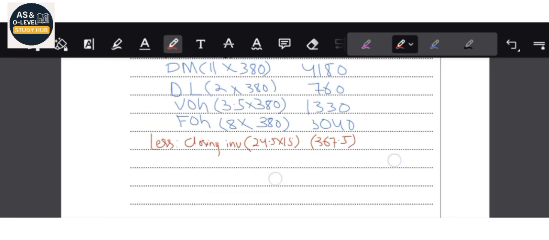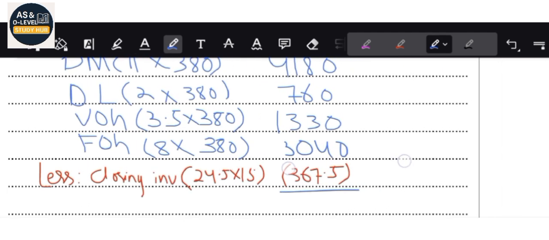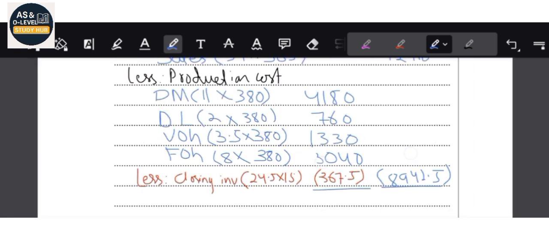So we will add up all of these and subtract the closing inventory, and this is how we will get our total production cost. Then we will subtract it from the sales, and we will get our gross profit. So right after adding up all of these values, I got 8,942.5, and I will subtract this from our sales.